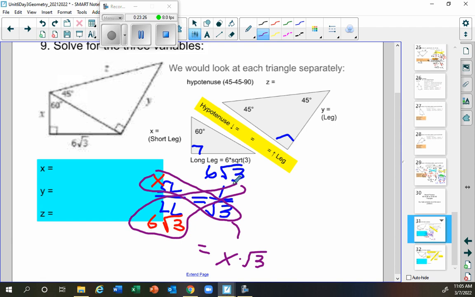Does this change? No. It does not change. So this is really 6 times square root of 3.